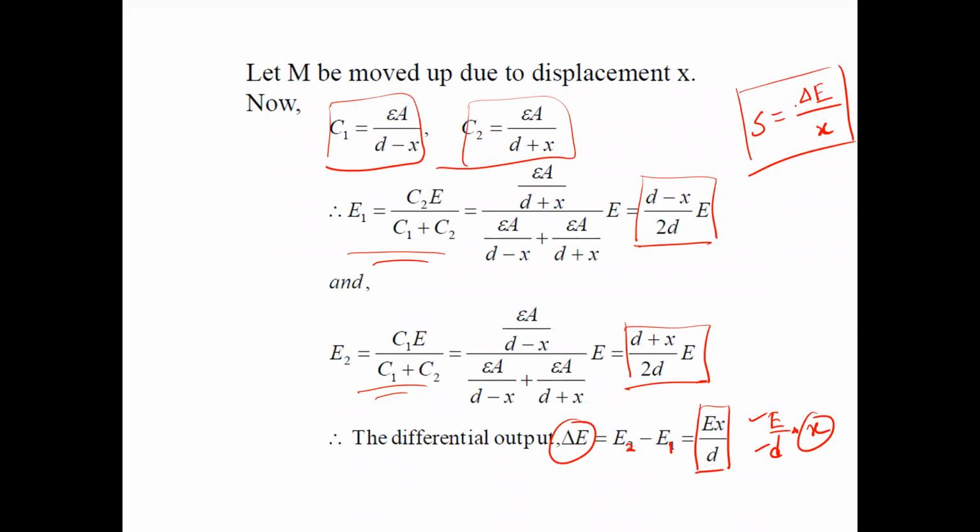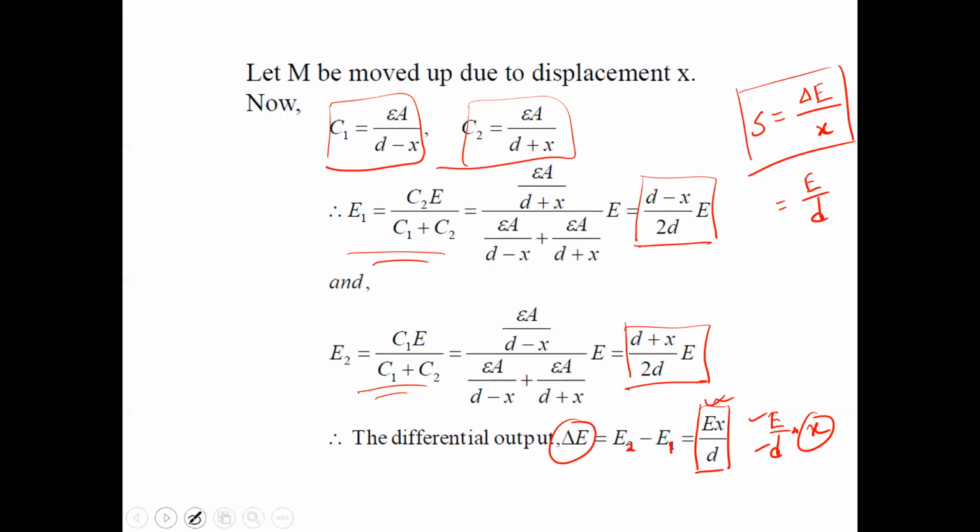And in place of delta E, if this expression is used, then E by D will give a measure of the sensitivity of this sort of an arrangement. So this was the discussion on differential arrangement of capacitive transducers.